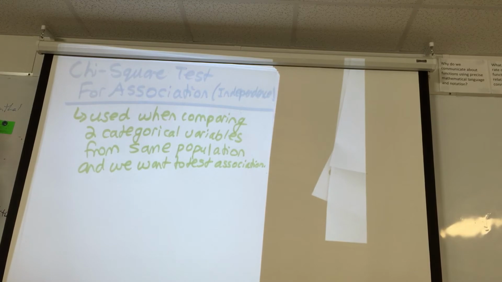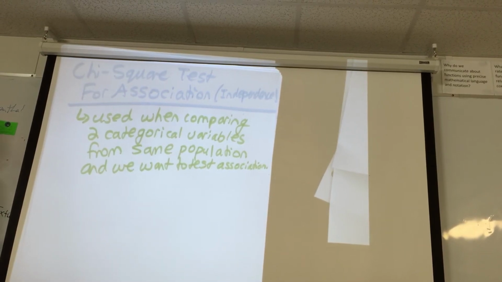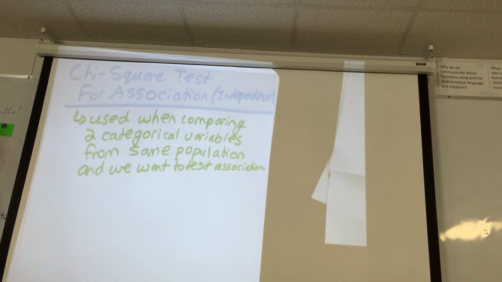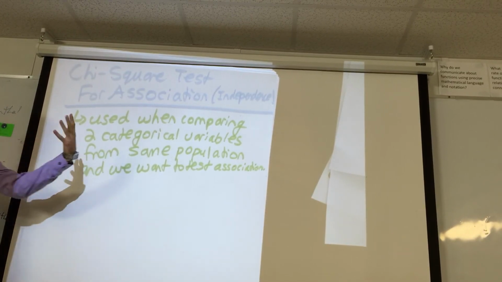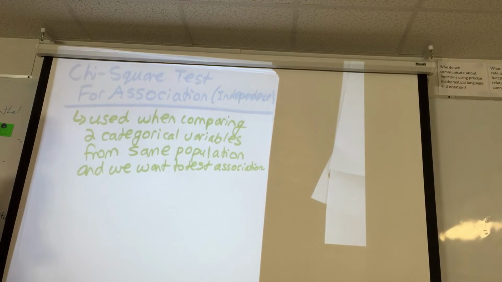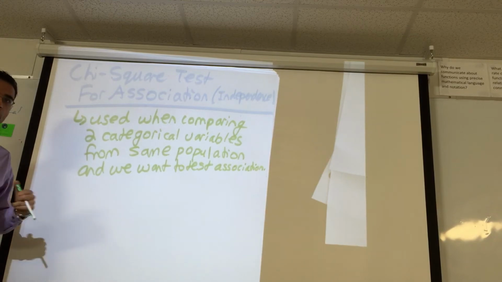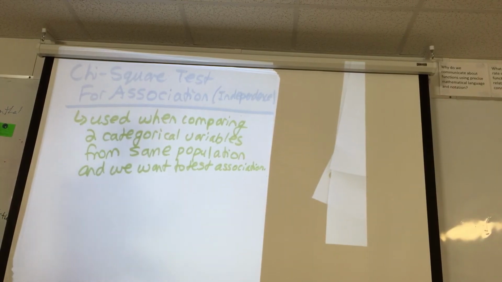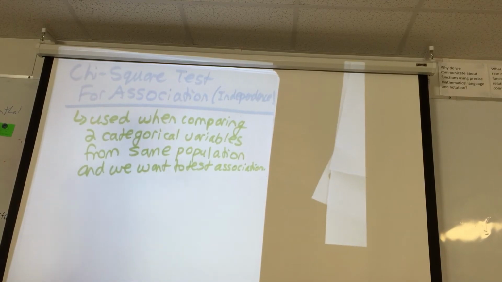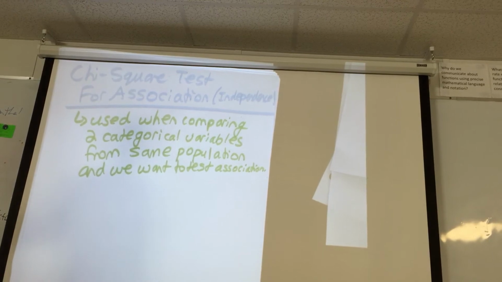If I did a sample of people at Yes Prep, and I sampled middle schoolers and high schoolers, and asked their opinion of Selena Gomez, people in middle school will likely have a much higher opinion of Selena Gomez. So we would say that being in middle school or your age is associated with your opinion of Selena Gomez.